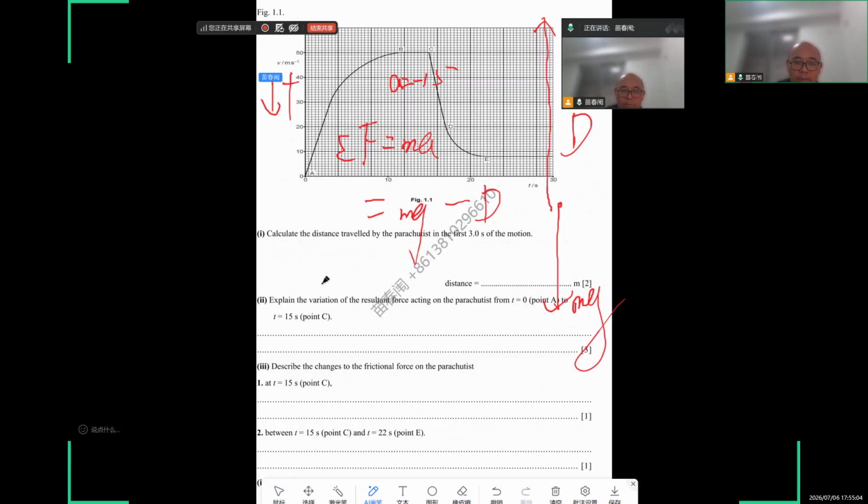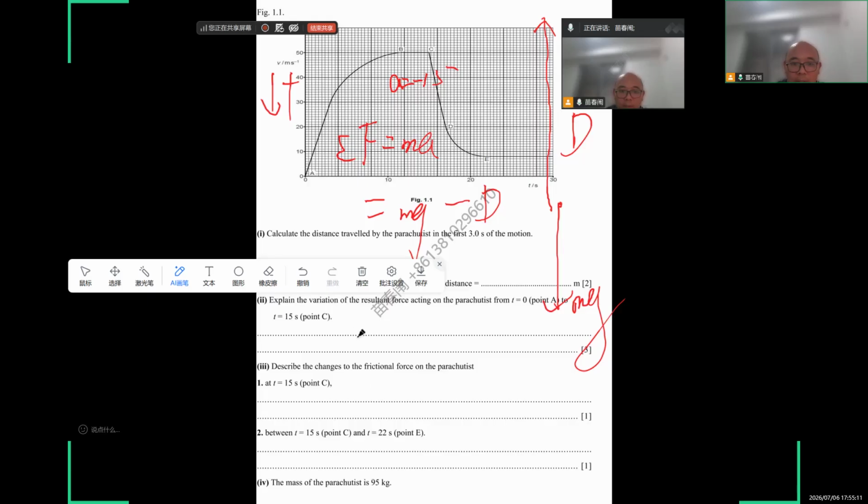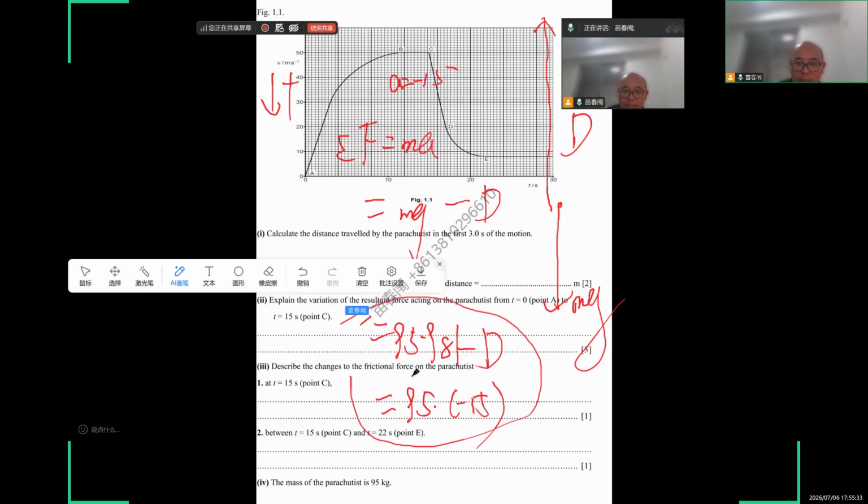So my mg, did it give me mass? Oh, 95 here. So 95 times 9.81 minus d equals 95 times negative 15. Since I'm using negative and positive here, I'm going to leave it to calculation because we know it's a vector equation.